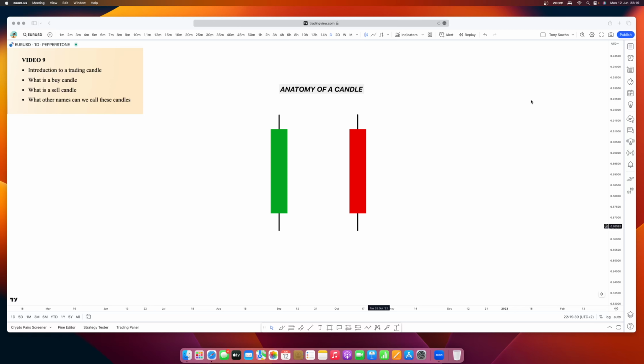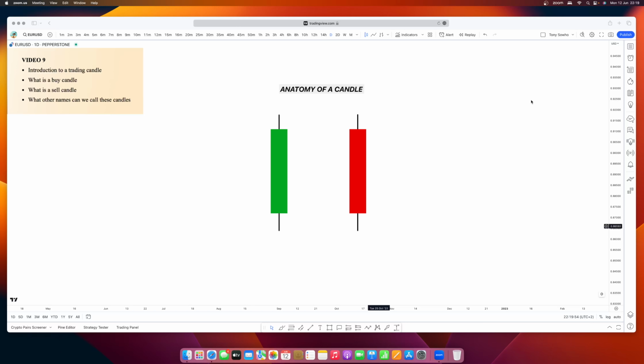And then to the center of my screen, you can see I wrote anatomy of a candle. So, what is a candle, or how do you see a candle? I'm sure you all have seen a candle before, right?